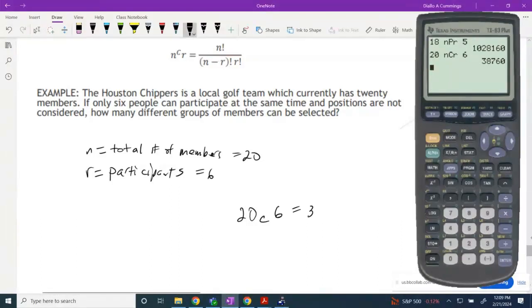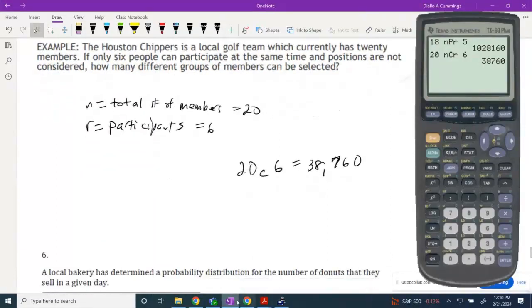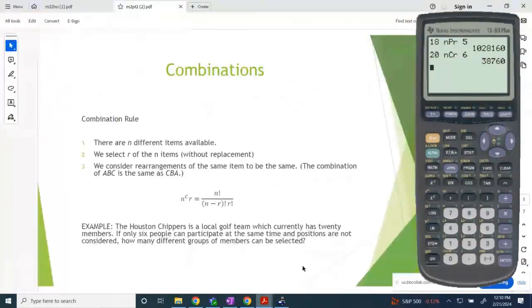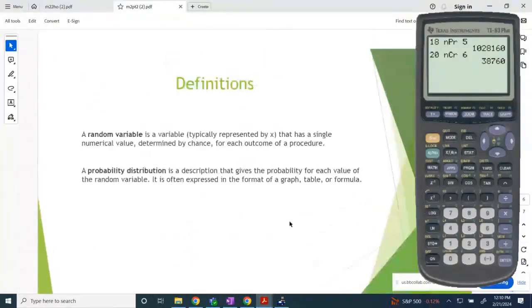So it's 38,760 different possible combinations. Right. All right, so any questions about a combination or a permutation? Okay, going back to the notes.